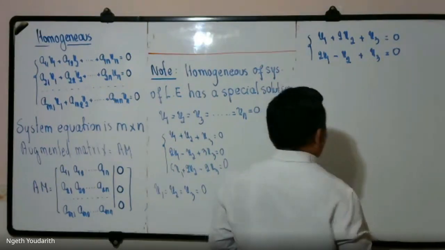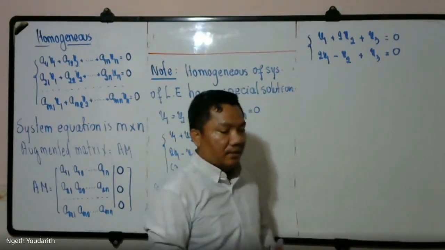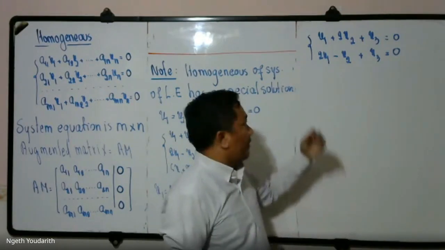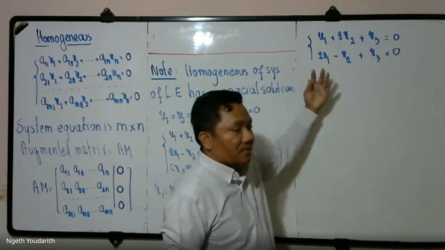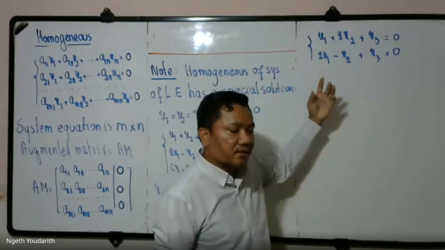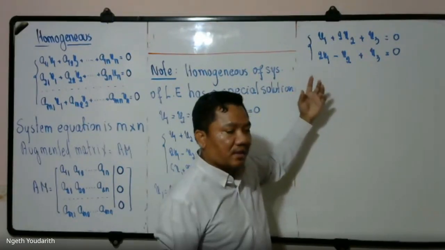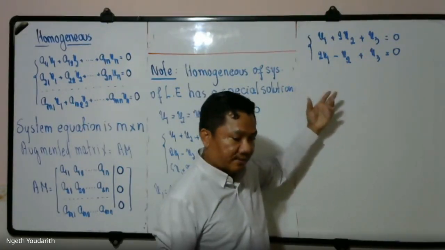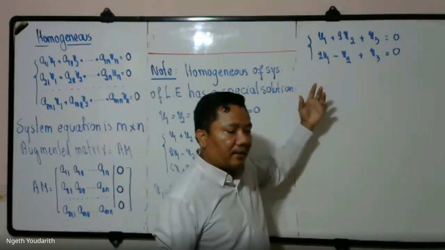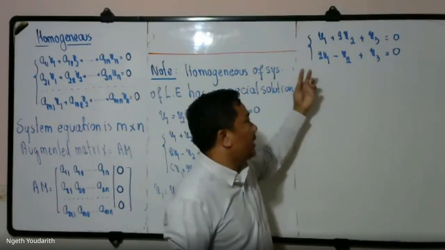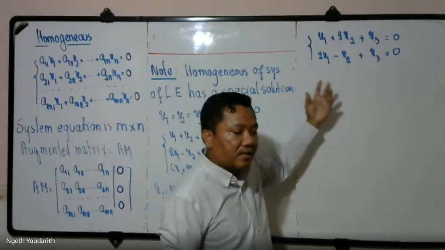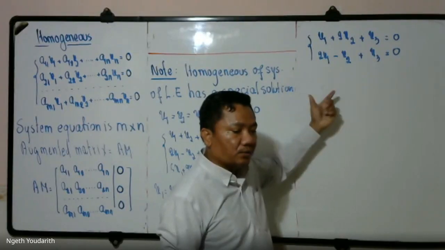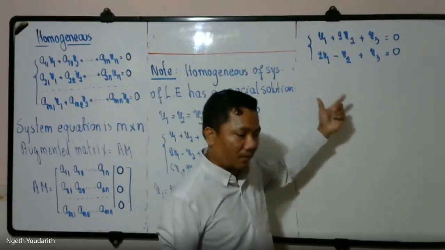Firstly, if we solve this system of equations, we should tell that it is homogeneous. If it is homogeneous, we can get the solution x1 equals x2 equals x3 equals 0.